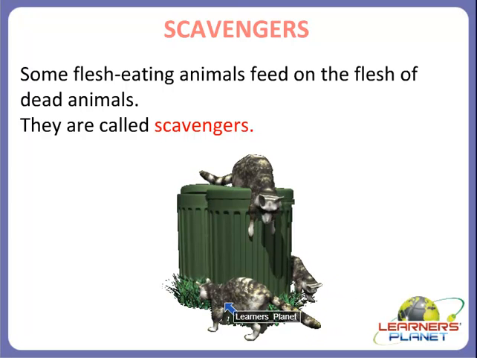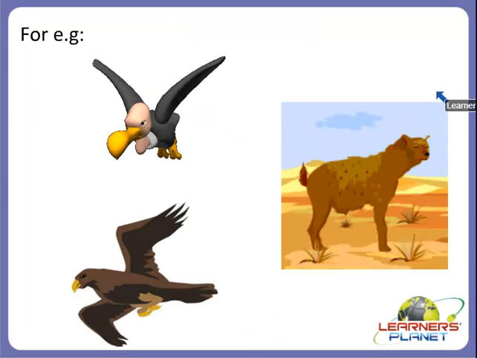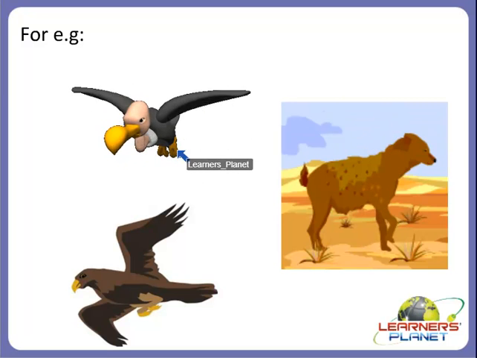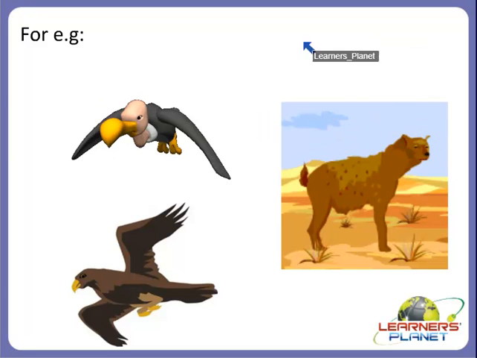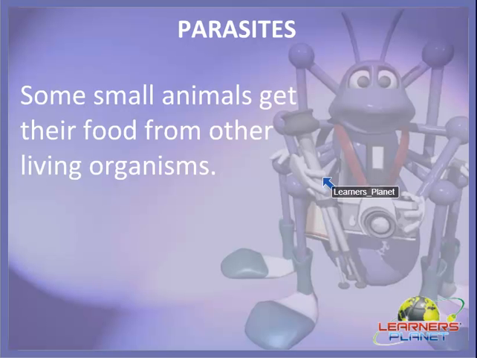Raccoons are such flesh-eating animals that feed on the flesh of other dead animals, and they are called scavengers. Let's see some examples. We can see examples like vulture, then hawk, then hyena. So these are some examples of scavengers.